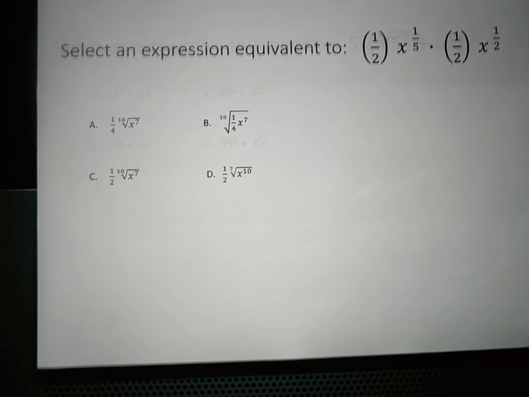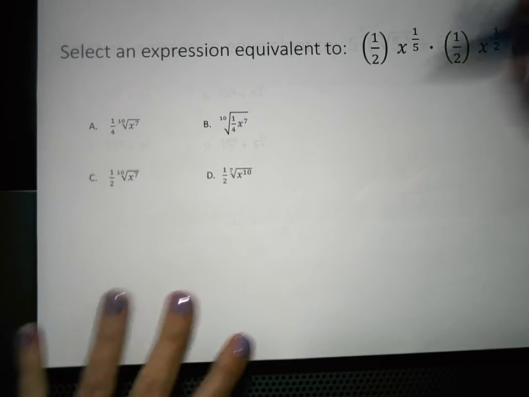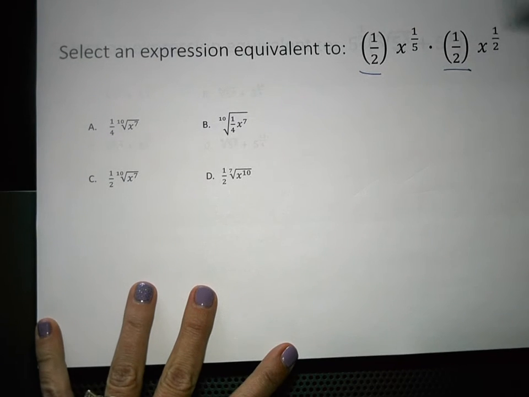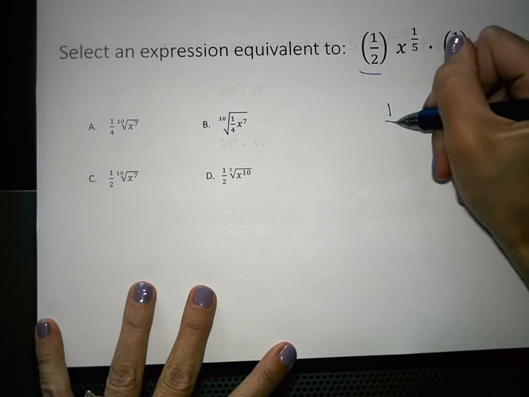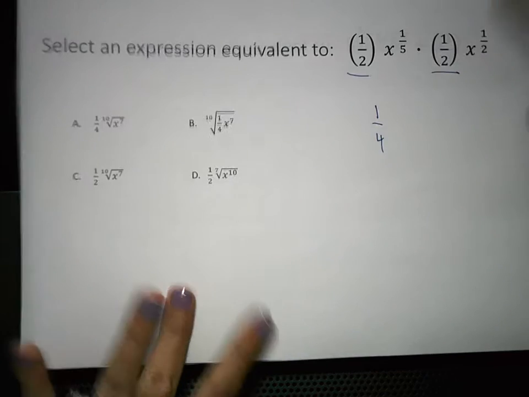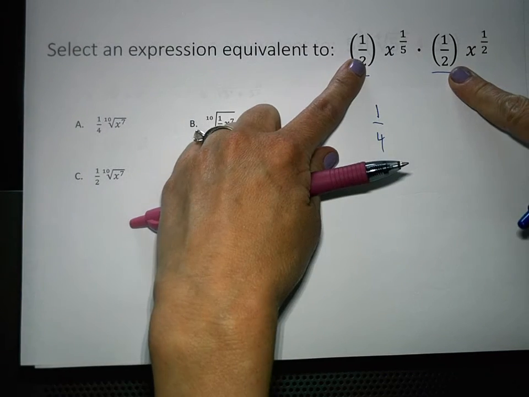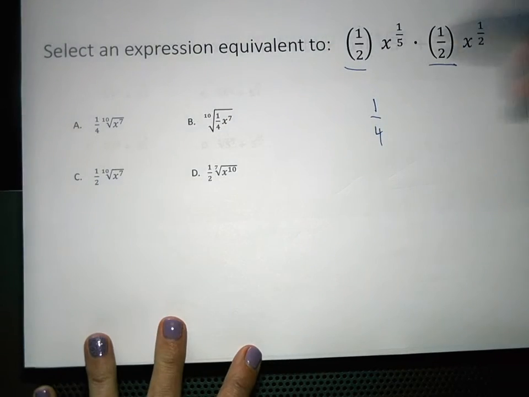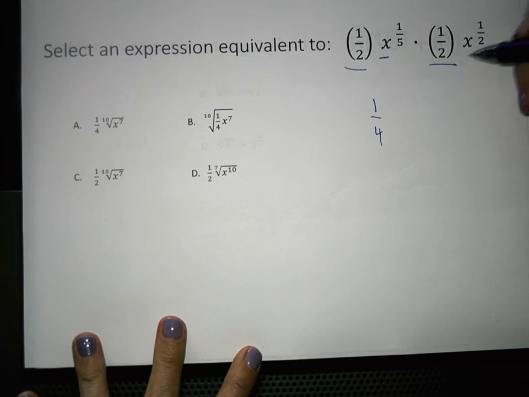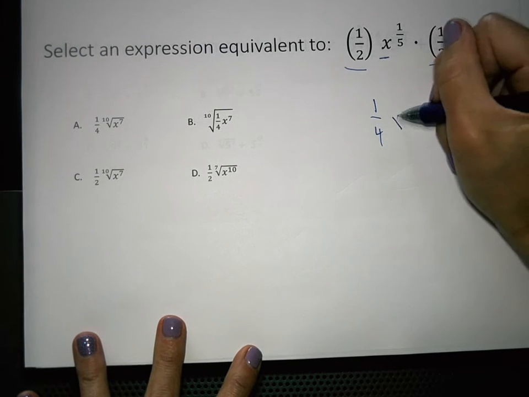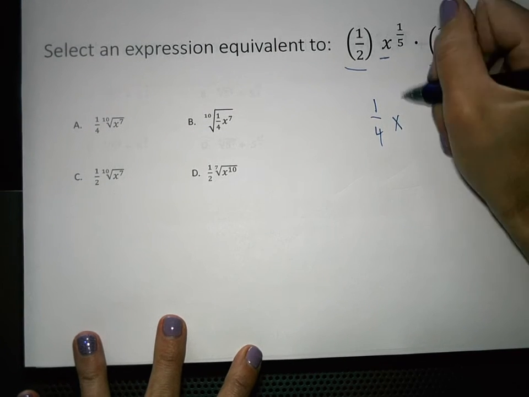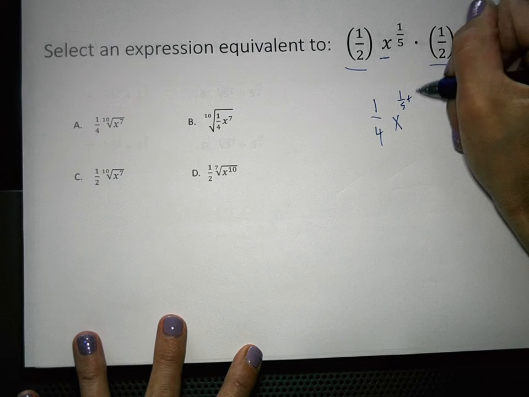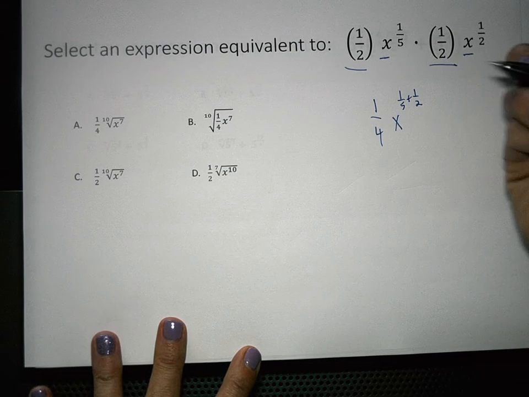Next, select an expression equivalent here. So here we have 1/2 and 1/2. 1/2 times 1/2 is 1/4. These are like separate pieces. These are whole numbers in front, and then these are x's next to them. Since these both have x, we can add the exponents. And so if we add that, we have 1/5 plus 1/2. When you're adding, they need to have common denominators.